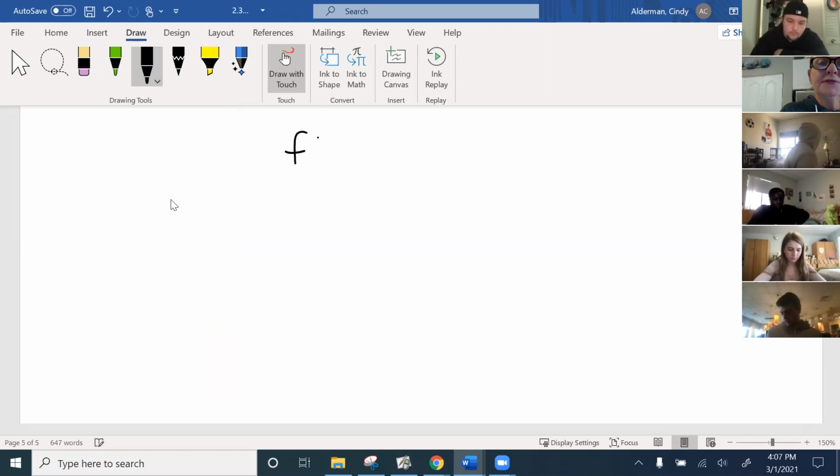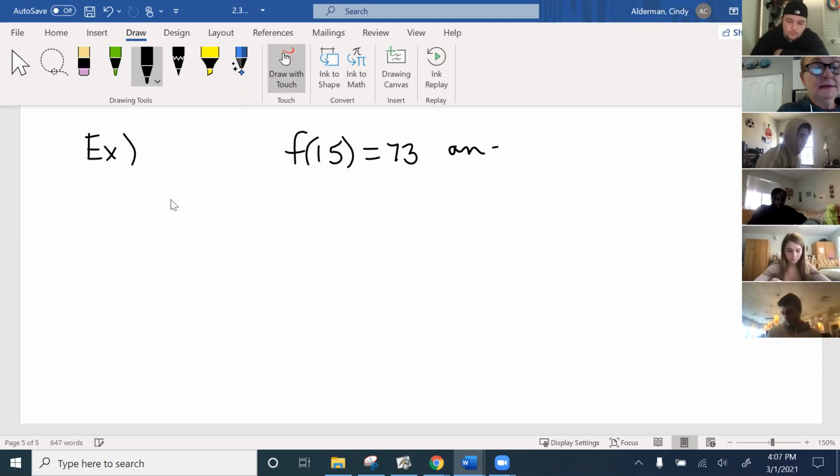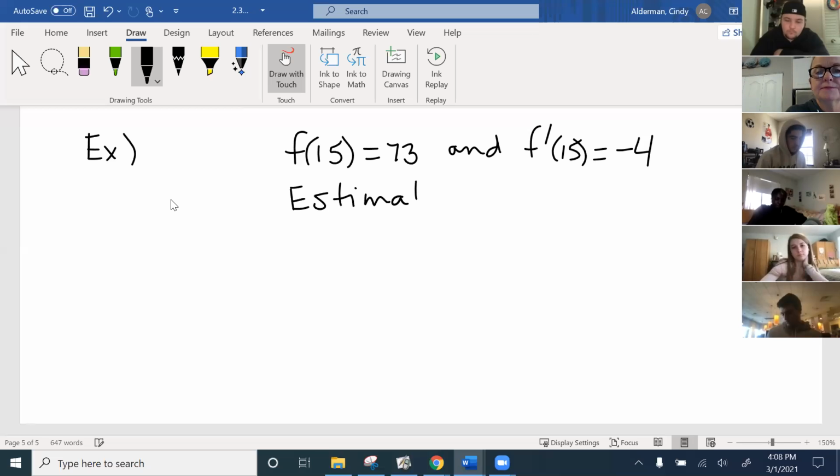Let's say f of 15 equals 73 and f prime of 15, same year, is equal to -4. And I wanted you to estimate the following.